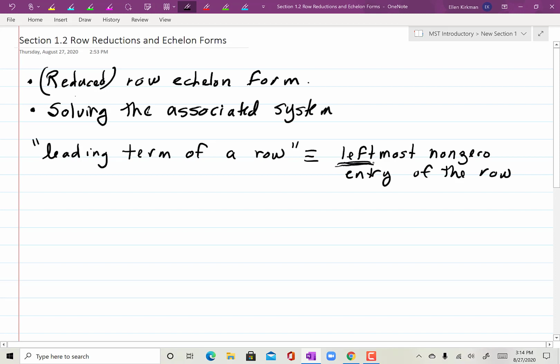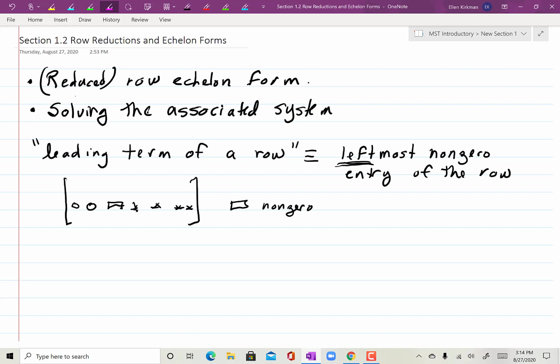So typically if we have a matrix, maybe we have some zeros, and I'm going to use squares for non-zeros. And then maybe we have anything. This would be the leading term of that row because it's the leftmost non-zero entry in that row. Okay, so we need that in our definition.